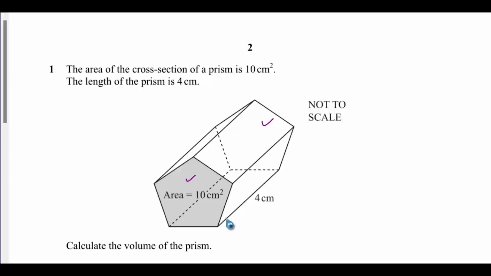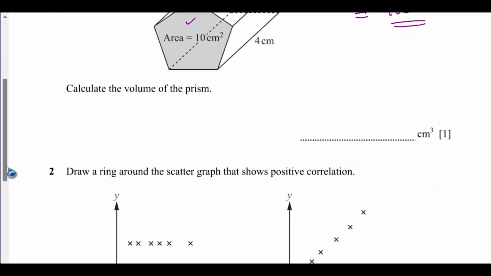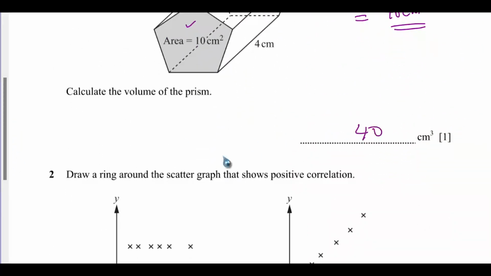The distance between them is this length, 4 centimeters. So the volume equals the cross-section area, 10 centimeters squared, multiplied by the length between the two cross-sections, 4 centimeters. That gives 40 centimeters cubed. So that will be the volume of the prism. You can put 40 here.